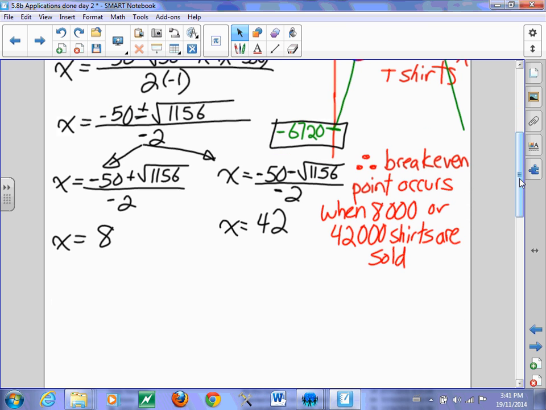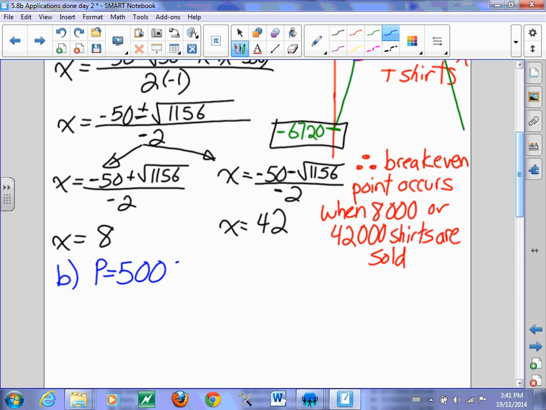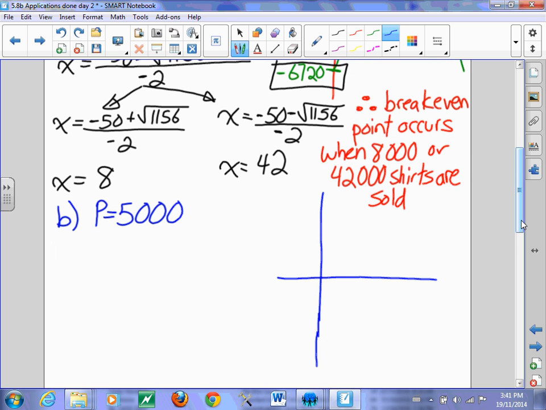Question 2 says, how many shirts must be sold to have a profit of 5,000? So for B, guys, we're going to have profit equals 5,000. Let's take a look at our graph. We know we started, let's move it up here, way down here at negative 6,720.